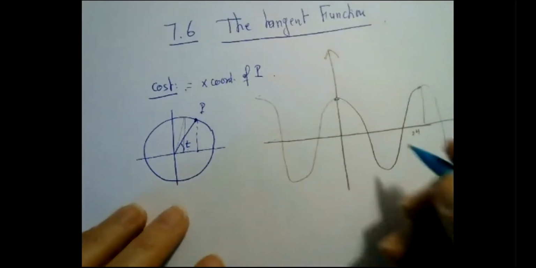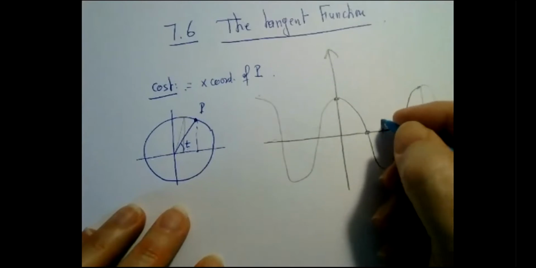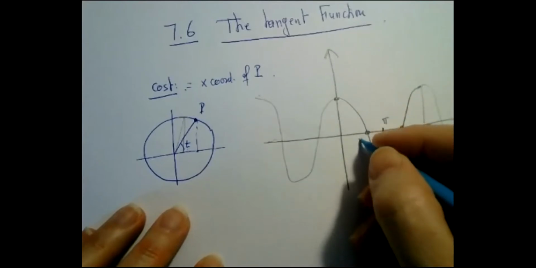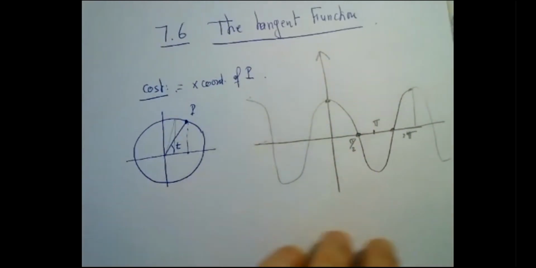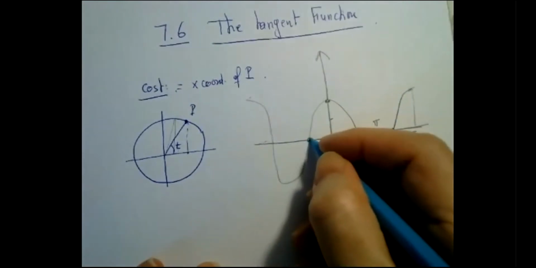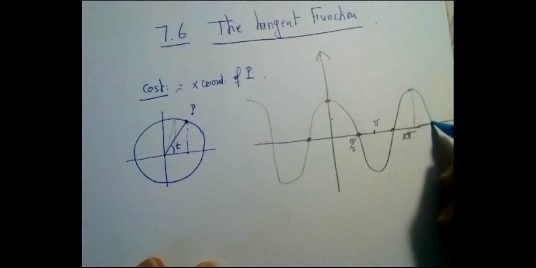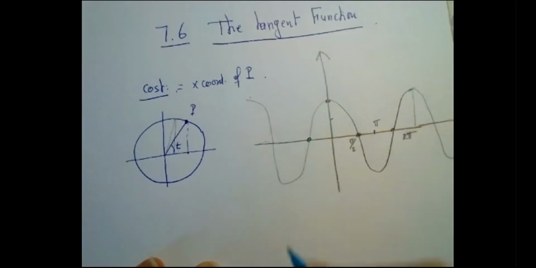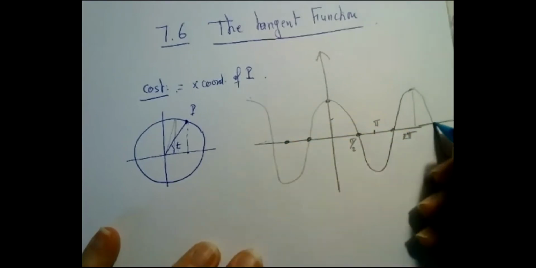Those points, as I was emphasizing a minute ago, are pi, pi over 2, and 2 pi. Just out of curiosity, what's this point here? And this point?